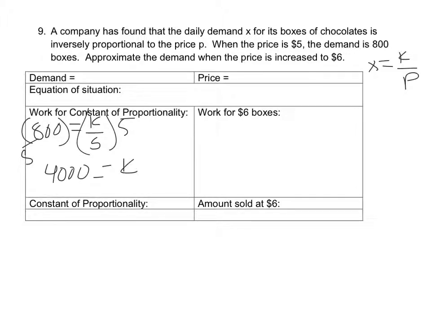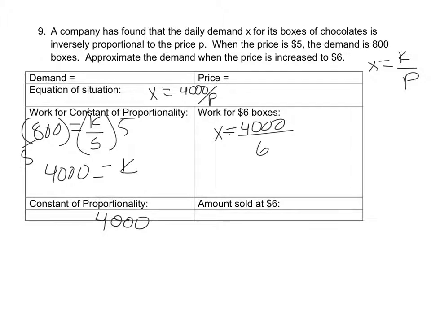So our equation is X equals 4,000 divided by P. So the price is 6, so you go X equals 4,000 divided by 6. Okay, so the constant of proportionality is 4,000.